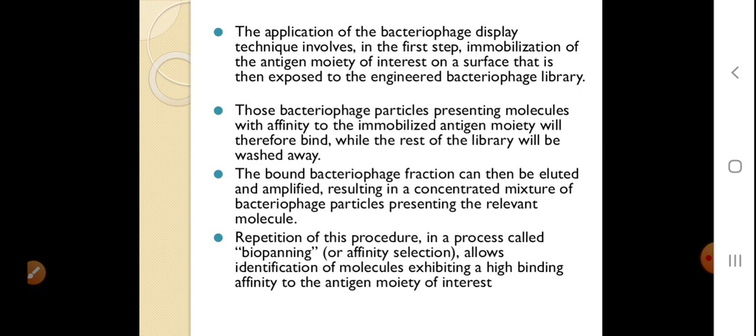Now those bacteriophage particles presenting molecules with affinity to the immobilized antigen will therefore bind, and the rest of the library will be washed away. The bound bacteriophage fraction can then be eluted and amplified, resulting in a concentrated mixture of bacteriophage particles presenting the relevant peptide. This procedure, which is repeated again and again, we call biopanning.